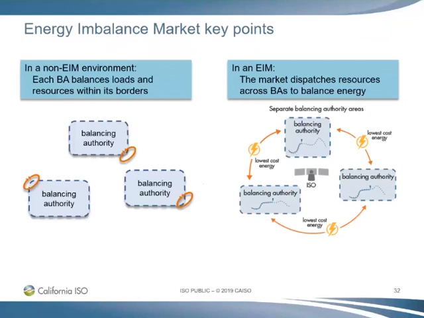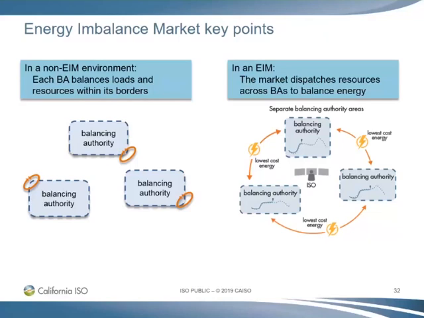If we look on the right-hand side, when participating in an energy imbalance market, you have the ability to tap into a diversity of balancing resources that are shared across the participating balancing authority areas. There is the potential for decreased flexible reserves if each one of these BAs is now able to share amongst each other.